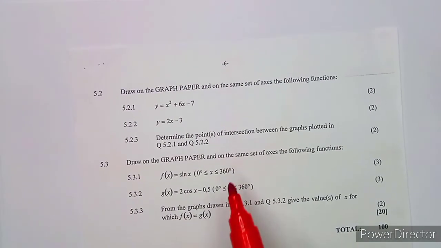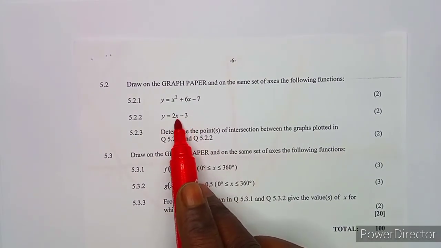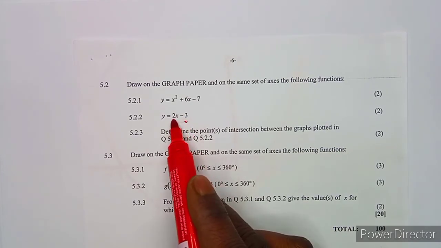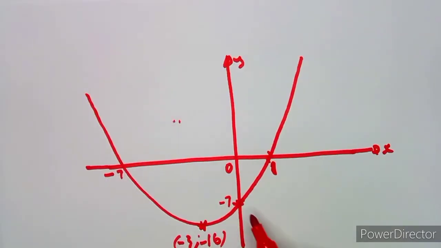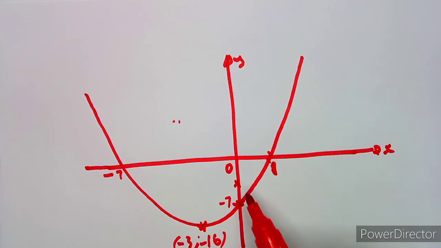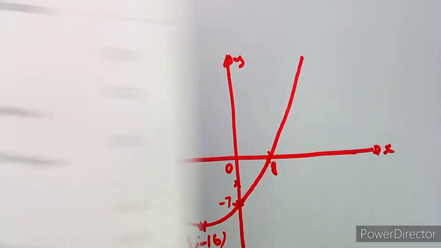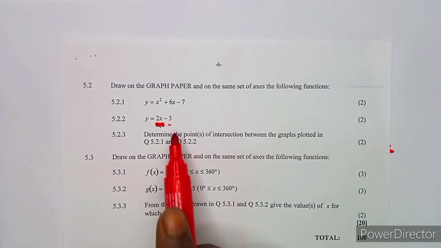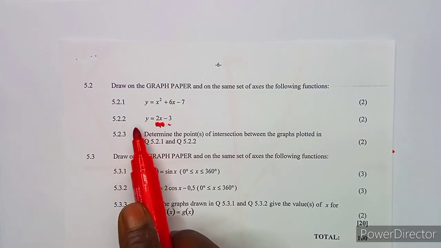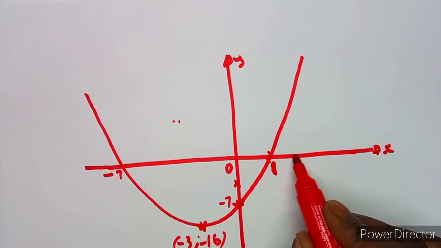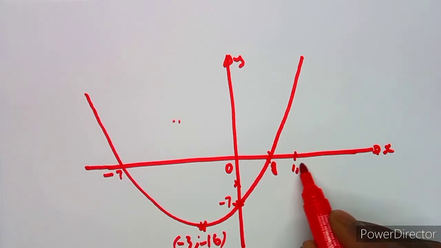And also the straight line. So the straight line, remember, guys, you have to use the points where x is equal to 0. We know that y is minus 3, which will be somewhere here. And when y is equal to 0, x will be equal to 1,5. When y is equal to 0, x is going to be 1,5, which means somewhere here at 1,5.